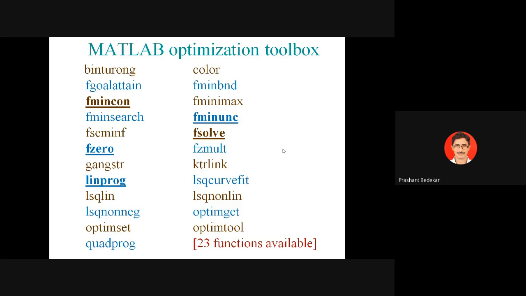Rather, I will say two things which we should keep in mind. The first thing is that any function which is available as an optimization tool in the MATLAB optimization toolbox considers that the function is to be minimized.